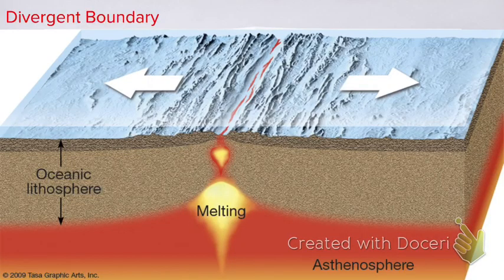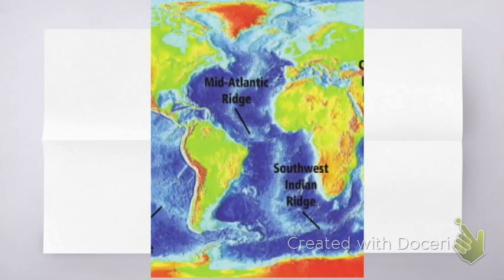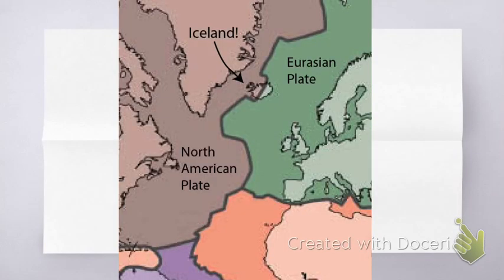Okay, divergent boundary, pulling away, creating new crust. Kind of interesting, these different kinds of ridges that you have, but kind of interesting that the ridge runs through Iceland, as I said earlier. The mid-Atlantic ridge slices right through it. And you can go to Iceland, and you can see that.